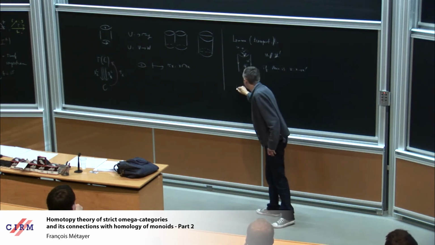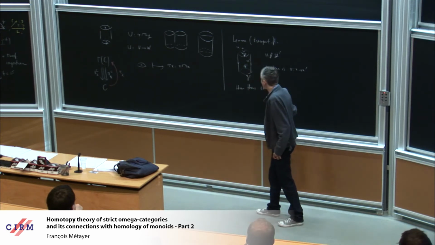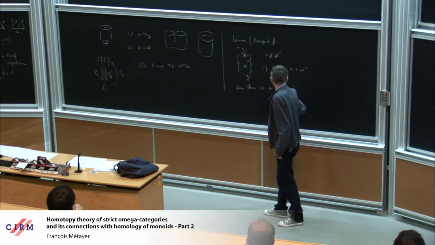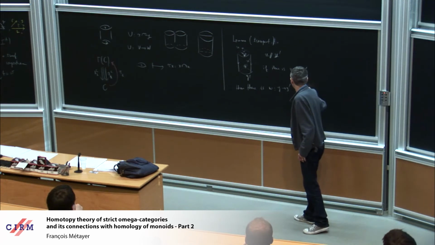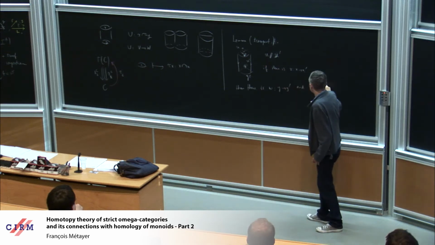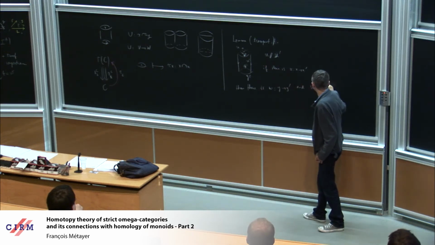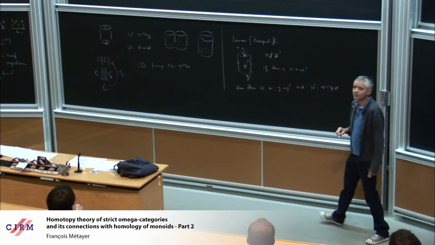So then there is w from Y to Y prime and a cylinder W of top V, bottom little w.